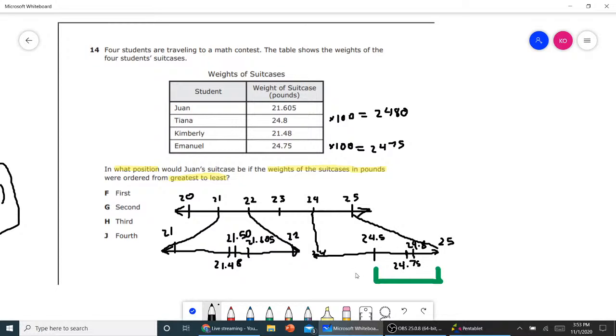We know that the number line goes from left to right with the least over here and the greatest over here. So let's reverse that order and go from the greatest number all the way to the least. Our greatest number was 24.8, and after that it's 24.75.